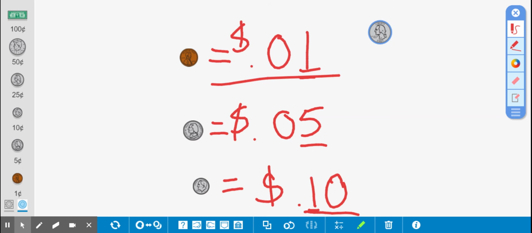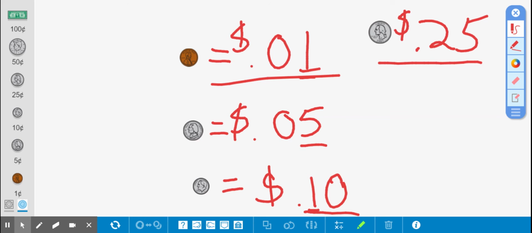Now, we would represent this as a decimal with a 2 and a 5. And a dollar sign would let us know that this is 25 cents. Mathematically, we could refer to it as 25 hundredths, but in money, we refer to it as 25 cents.